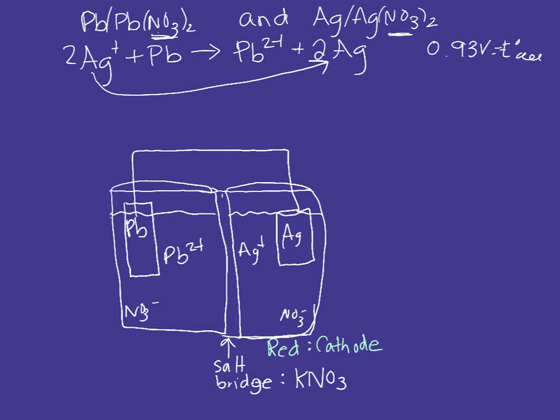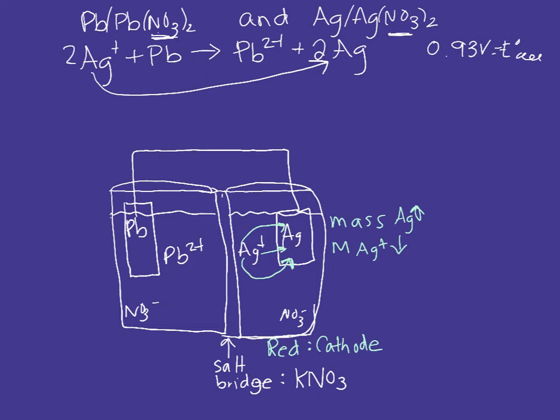What this is basically telling us is that the dissolved ions are coming out of solution and plating on top of this piece of silver. So the mass of Ag is going to be increasing, and the molarity of the Ag+ is going to be decreasing because it's getting used up as we do the reaction.